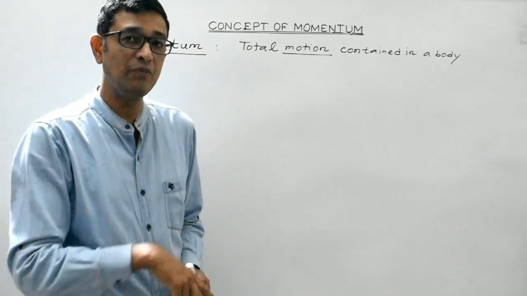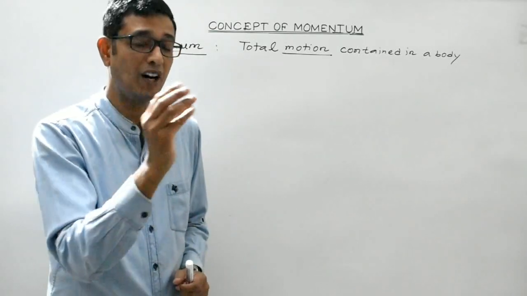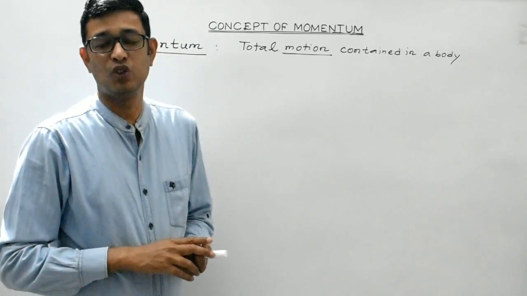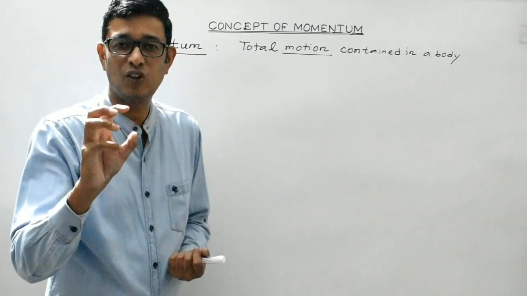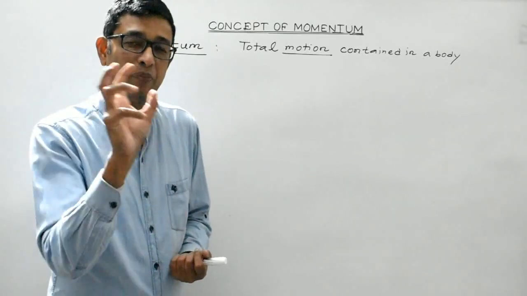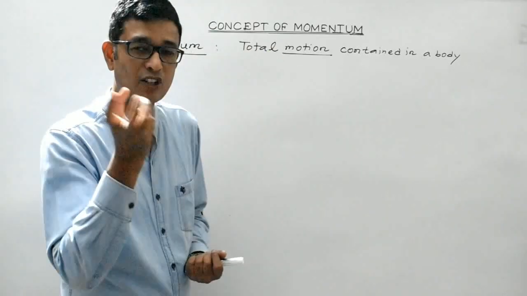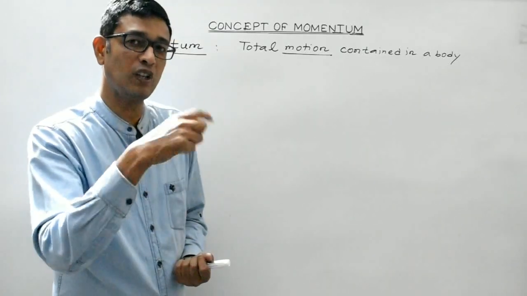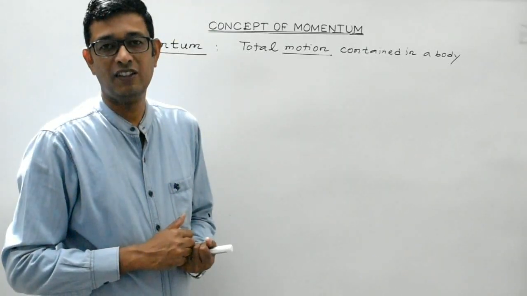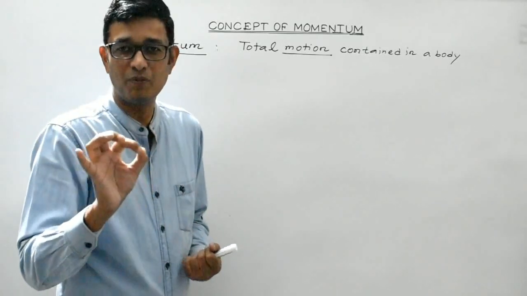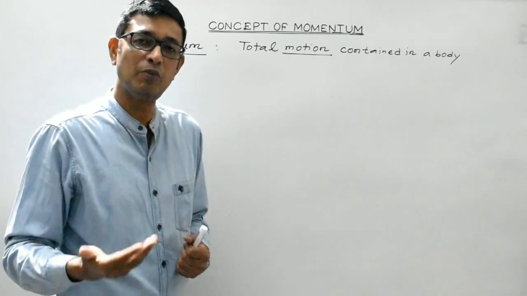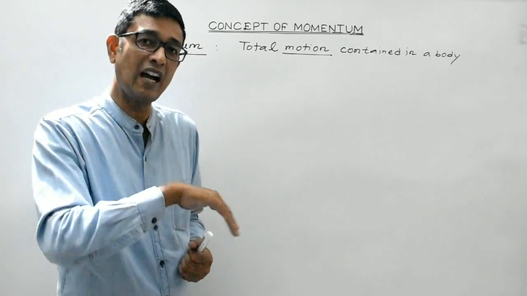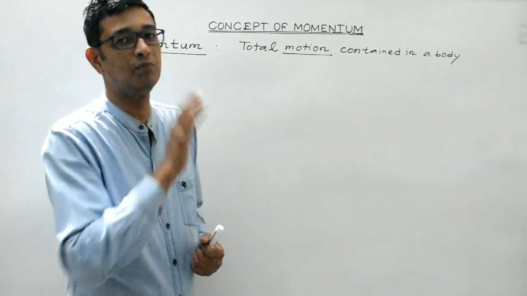contained in a body can be represented by two quantities, the mass of the body as well as the velocity of the body. So in order to measure the impact of a moving body, we need to include both mass and velocity. Quantitatively or mathematically, the momentum of a body is defined as the product of the mass of the body and the velocity with which the body is moving.